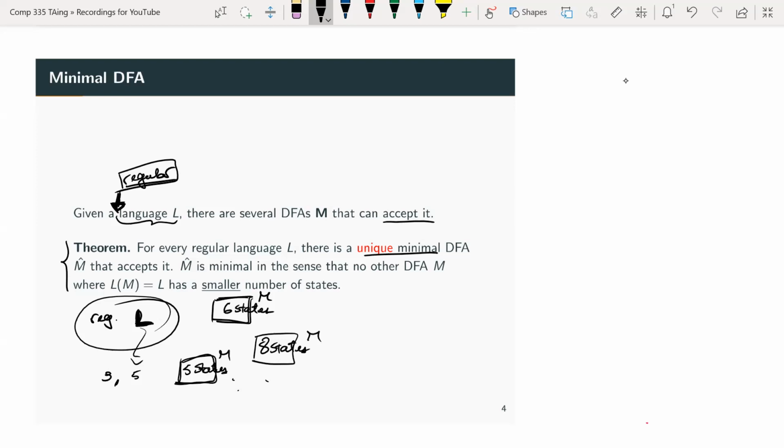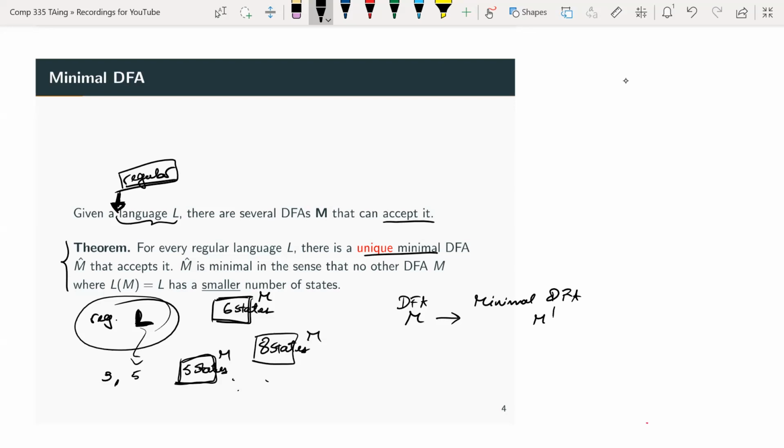And this becomes quite abstract if you look at it this way, but there is a rigorous and methodological argument and algorithm that allows you to, given a DFA M, convert it to a minimal DFA M prime.